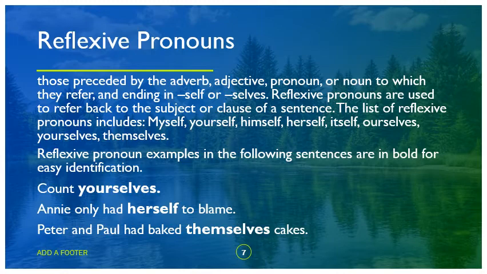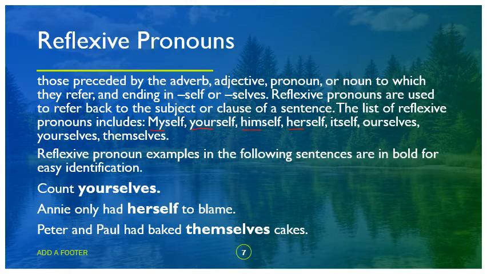Now here you can see that you have already discussed these in the personal pronouns, my, your, him, and her. So you simply add self with these pronouns so that they become reflexive pronouns. Reflexive pronoun examples in the following sentences are in bold for easy identification. Now here, in order to understand it in a better way, let's try to analyze these examples.